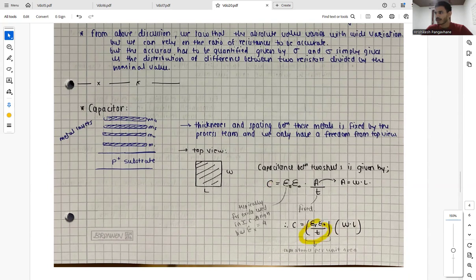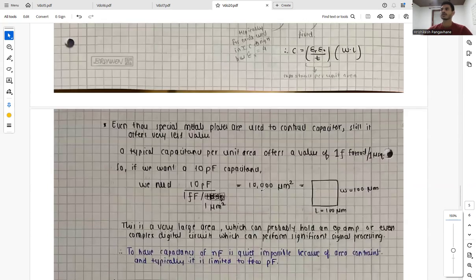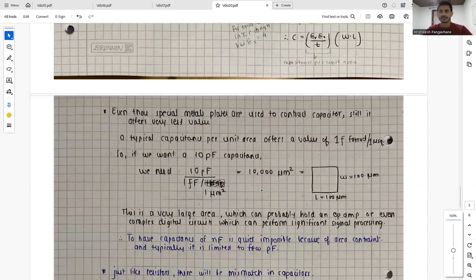So these values are fixed already, and are known as capacitance per unit area, times what we are left with, which is width times length. So we have the freedom over here while designing a capacitor. Even if special metal plates are used to construct the capacitor, it still offers very little value.